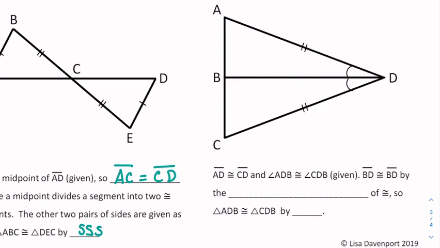This is also true by what we call the reflexive property. That means that something is congruent to itself. So therefore, we know a side, an angle, and another side. So that is by the rule side, angle, side, or SAS, that these two triangles are congruent.